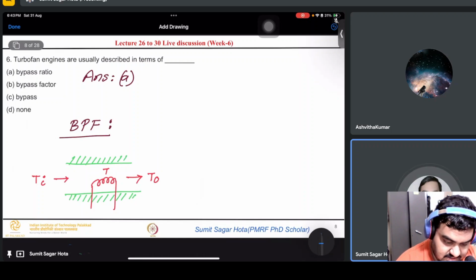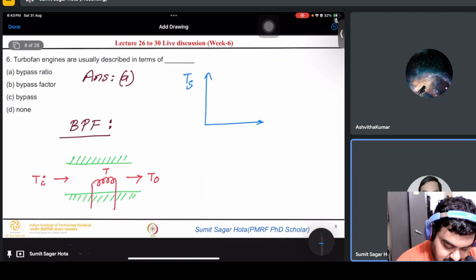If there is a heating, let the temperature is Ts, which remains constant throughout the time, and if the initial temperature is somewhat Ti, it will gradually increase when there is a flow through the duct.